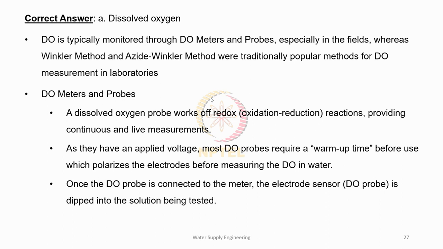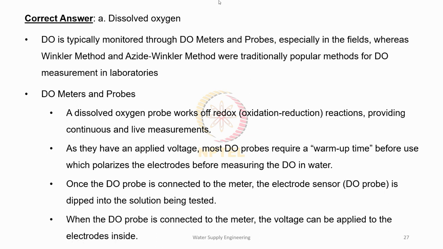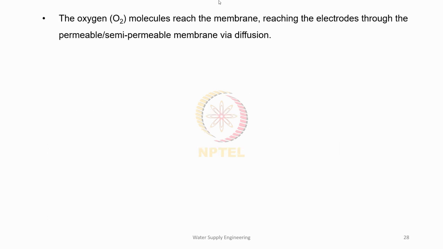Once we connect to the meter, the electrode sensor is dipped into the solution being tested. So we will dip the probe into the solution, and then voltage can be applied to the electrodes inside. The oxygen molecules reach the electrodes through the permeable or semi-permeable membrane via diffusion.